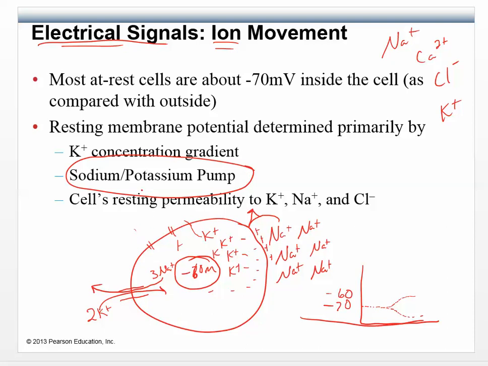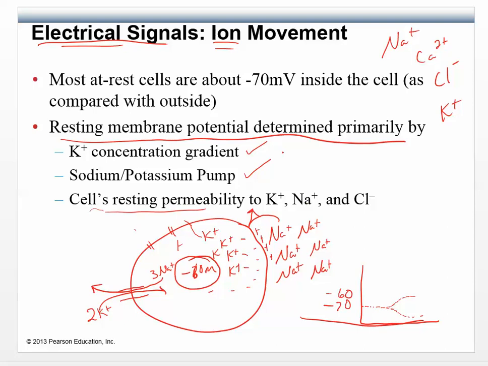Okay, so resting membrane potential is determined, and this will be a question on the test if nothing else. It's determined by this potassium gradient and the function of the sodium-potassium pump, but also the permeability to these ions: potassium, sodium, and chloride. The thing to remember is that the cell is not very permeable to sodium.